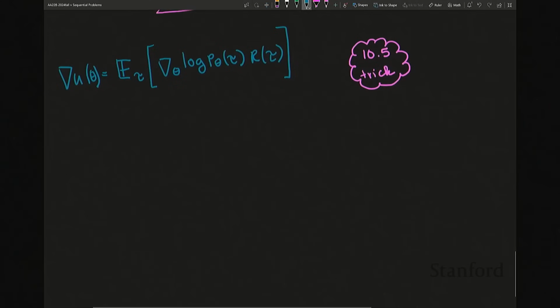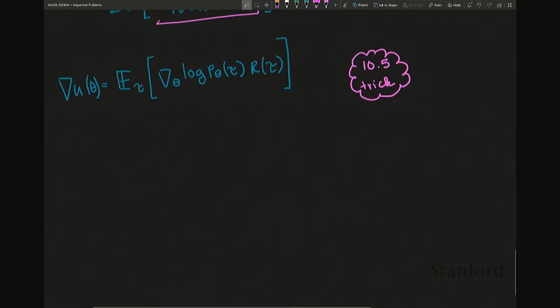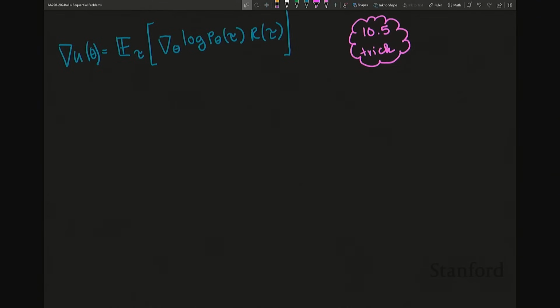All right, so we're assuming that we have some formulation for the return that we know is simple to compute. So we're not going to worry about that part. And then the last thing that we need to do in order to estimate the gradient from this method is we need to find this right here. We're interested in the gradient with respect to theta of the log of p theta of tau.